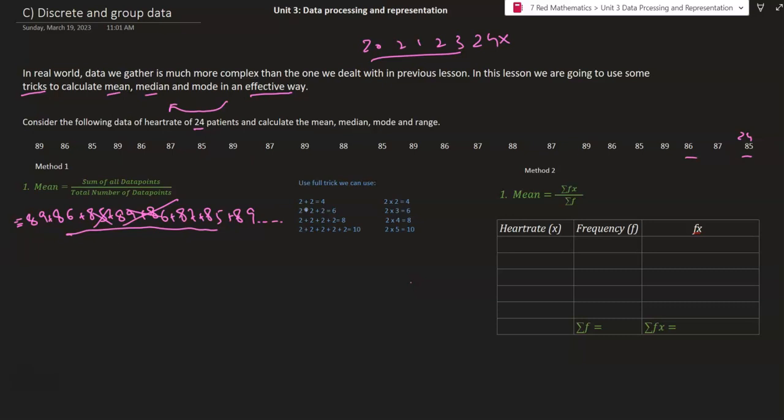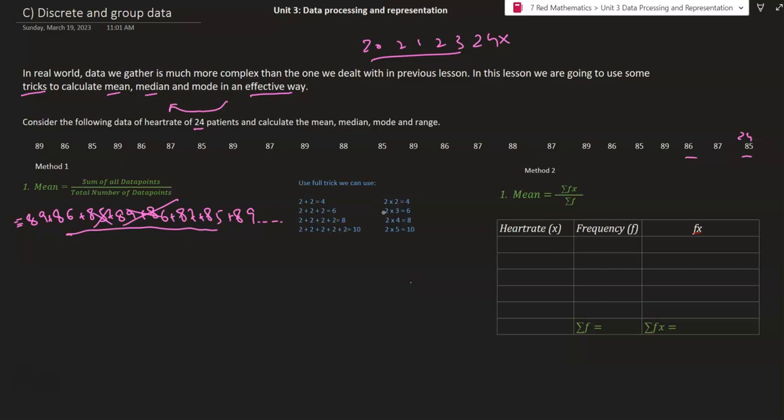So what we will do is use a trick. Basically, it is a pattern that we have observed. If a certain value is repeating itself, let's say 2 plus 2 is equal to 4, 2 plus 2 plus 2 is equal to 6, 2 plus 2 plus 2 plus 2 is equal to 8, this is very tiresome.